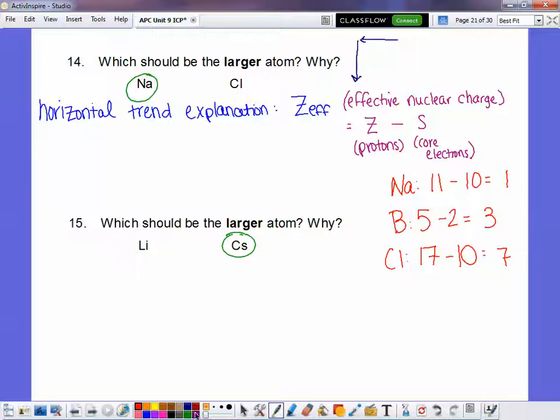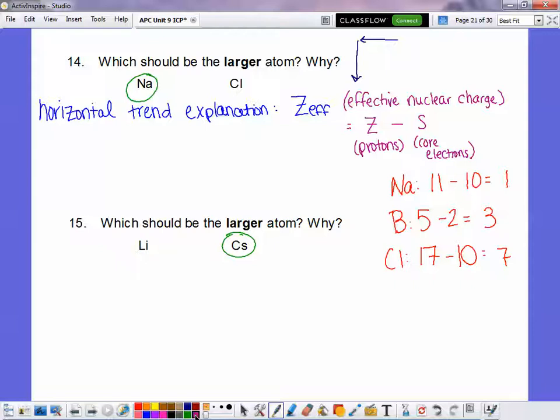So what Zeff means is effective nuclear charge. So the charge from the nucleus, the strength of the nucleus that's effective on the valence electrons. So sodium has a much lower effective nuclear charge than chlorine.